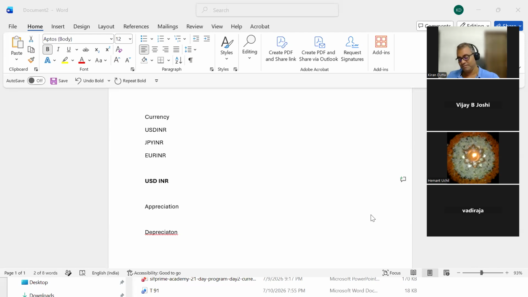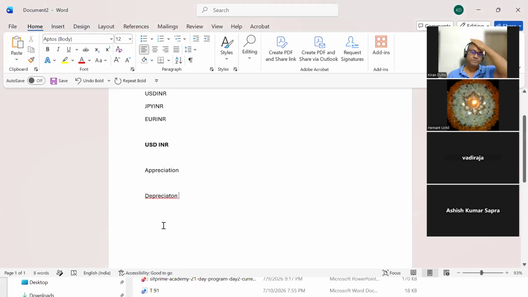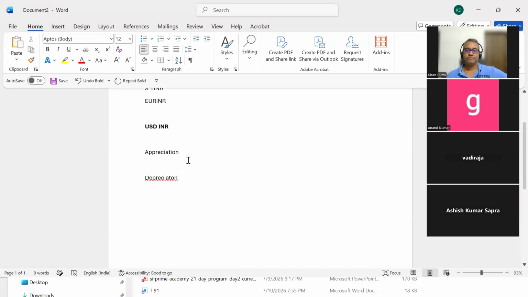One more attempt. If the price is moving up, it becomes appreciation. If the price is moving down, it becomes depreciation. Currency appreciation means the currency becomes stronger. Currency depreciation means the currency becomes weaker.